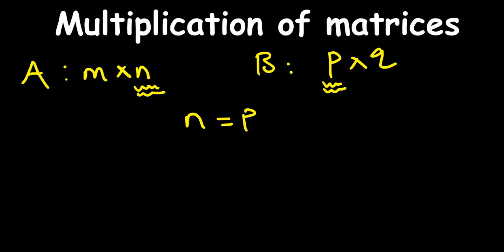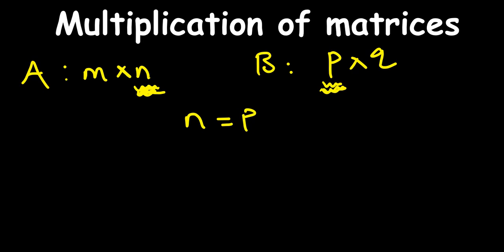So you have to make sure that the number of columns in the first matrix is the same as the number of rows in the second matrix. Why is it like that?